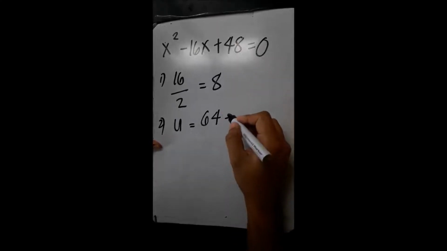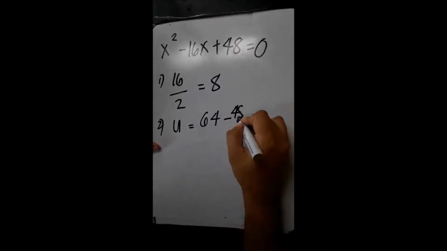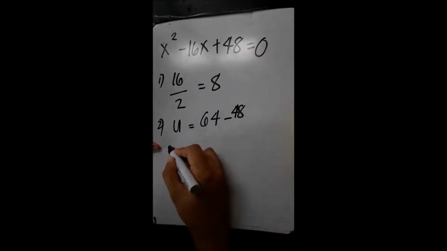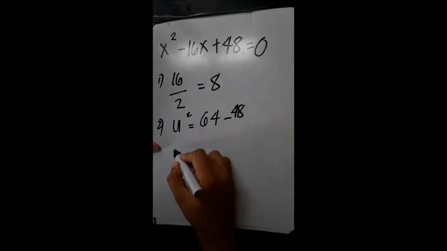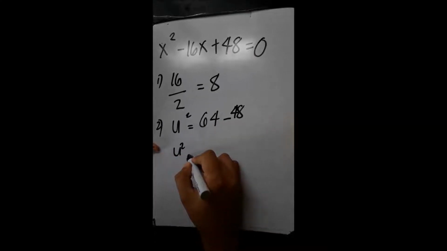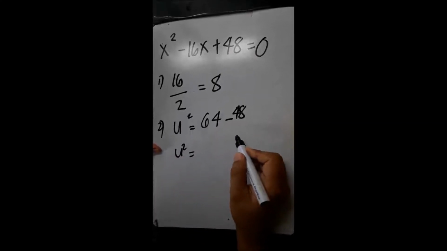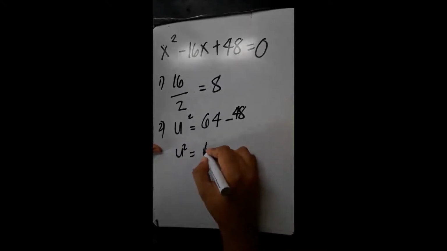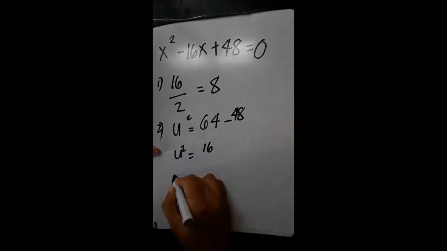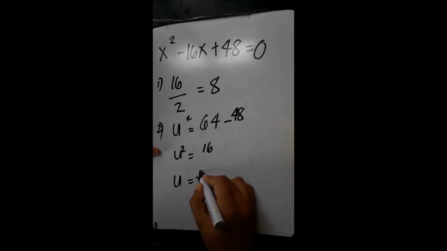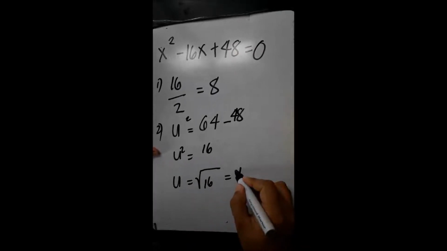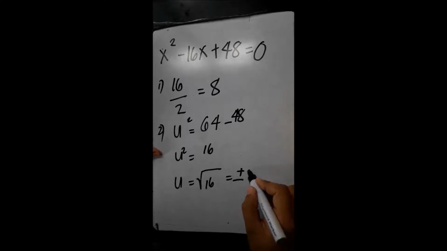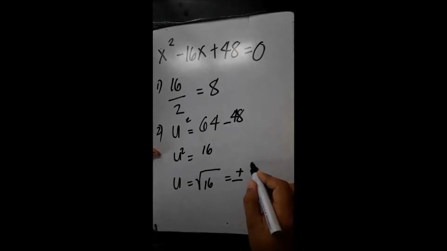We have 48, so that's minus 48. Actually, this one is not yet u, but this is u squared. So u squared is equal to, if we simplify 64 minus 48, we get 16. And to solve for u, u is equal to the square root of 16, which is equal to plus or minus 4.